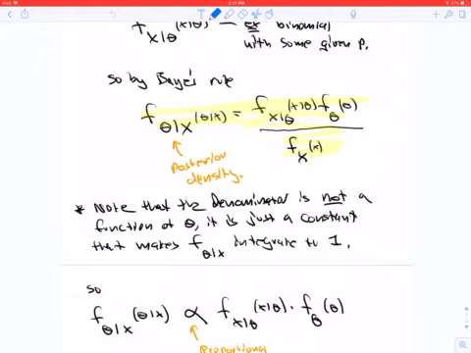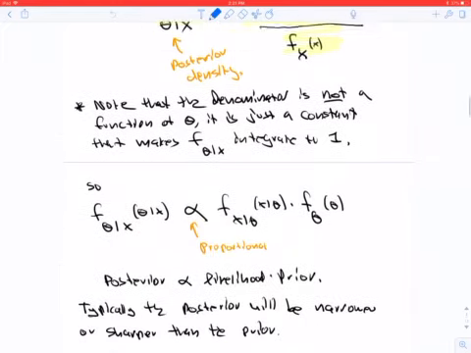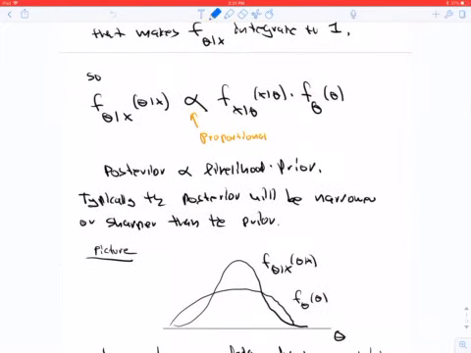And once we recognize it as a known density, gamma, beta, exponential, whatever it is, then we will know what that constant of integration is to make it integrate to 1. So that's the plan. The important takeaway is that the posterior is proportional to the likelihood times the prior.